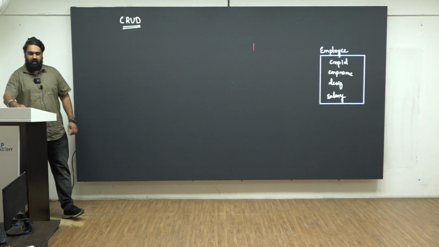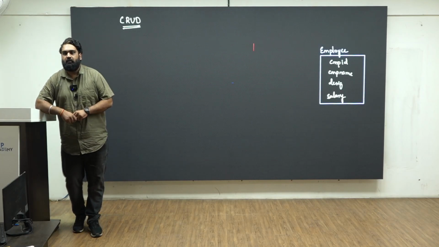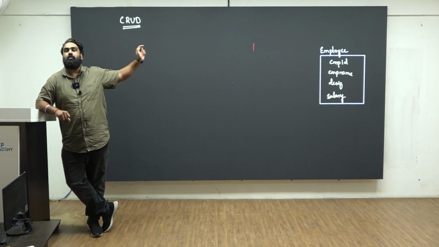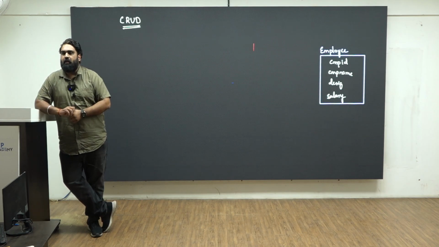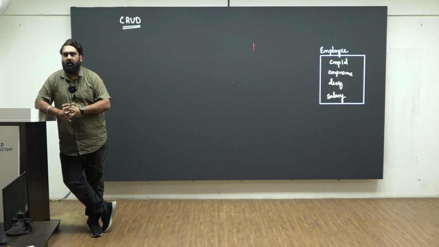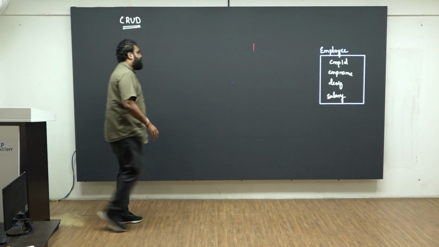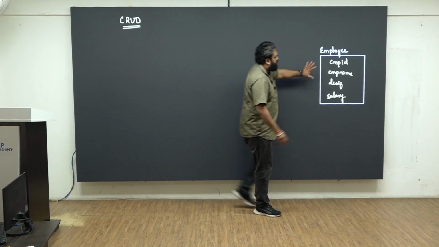This was the data which was there in the employee table. Will you agree with me? And now I want to deal with the employee table. I want to perform CRUD operations with the help of Hibernate. Sir, how will I perform CRUD operations here on this table called employee?